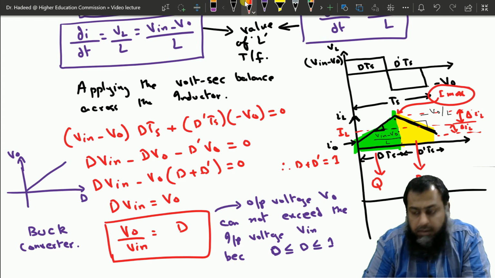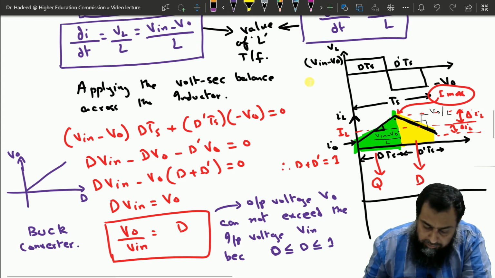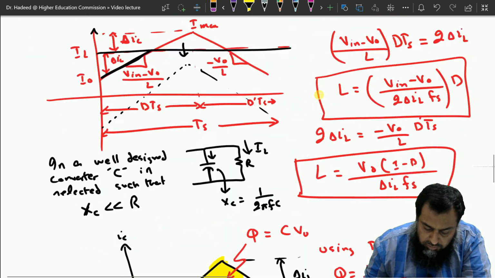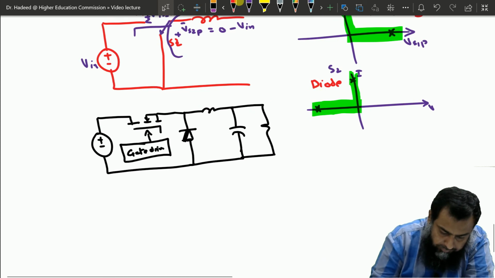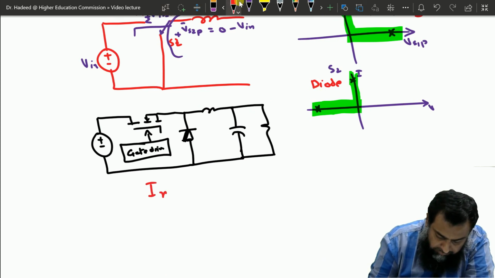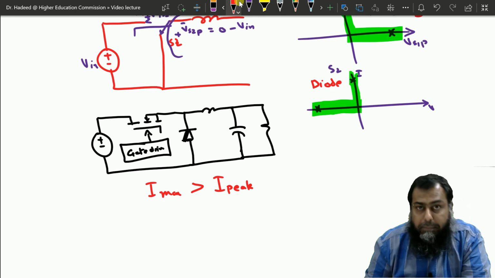So the maximum current rating of these two devices should be greater than the peak inductor current, I peak.